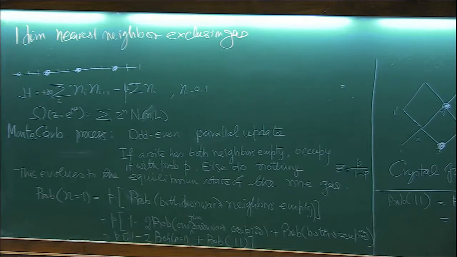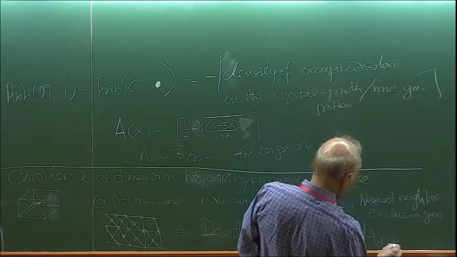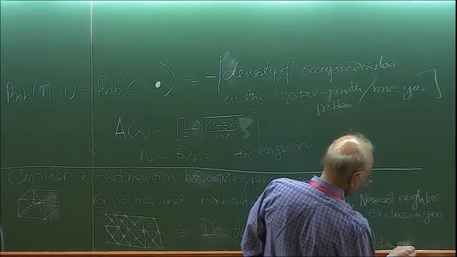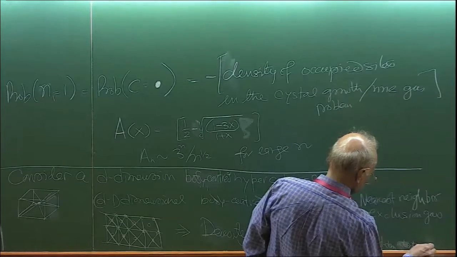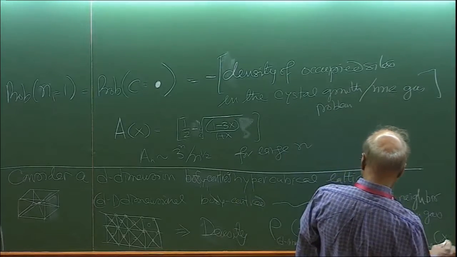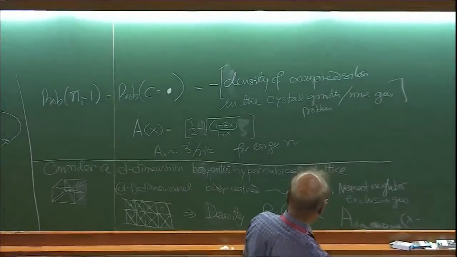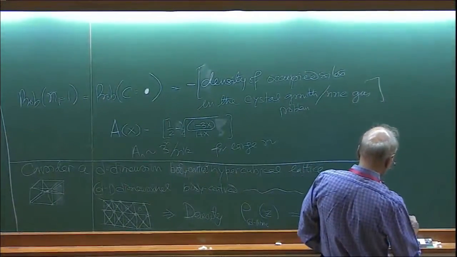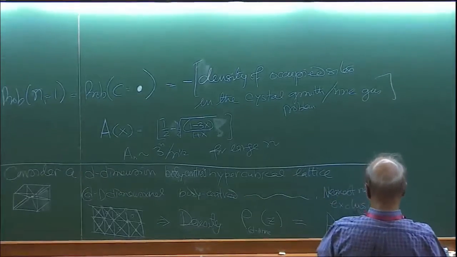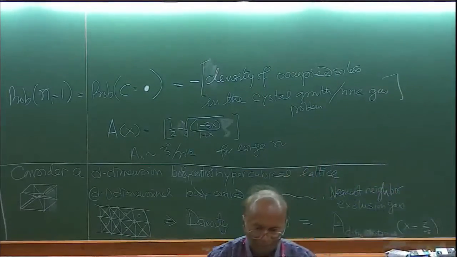So this is equal to A of D-dimensional directed animals, and I have to put x equal to z over 1 plus z, because I have to occupy with this probability, that is the weight x.